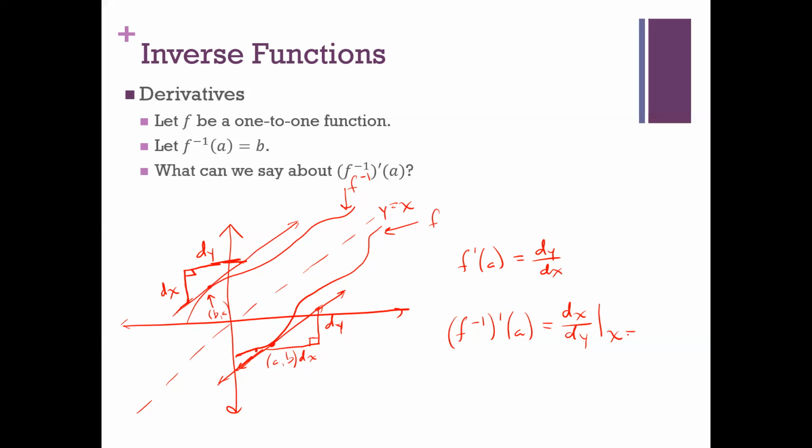But it's equal to that where x equals b. I don't really like dealing in things like dx/dy, so I would like to represent it like this: 1 over dy/dx, where x is equal to b.